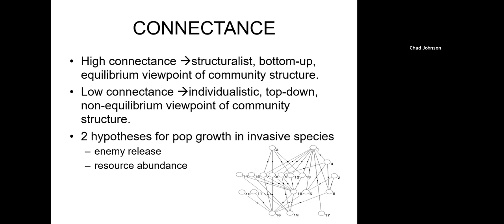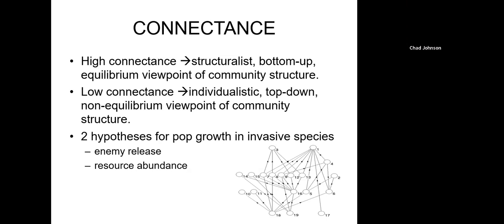Okay, so adding that connectance to that, high connectance, suggesting everybody is pretty well connected. That's kind of an equilibrium, resource-based view. You've got 22 species. Why do you have 22 species? Well, they're all pretty connected. So that's going to lead us to believe that it's about the resources and the equilibrium of the community.